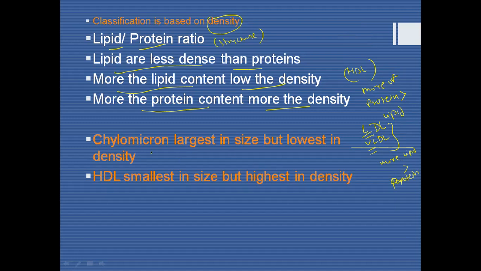Chylomicron is the largest lipoprotein in size, but its density is lowest. That means chylomicron will have a very high lipid content and a minimal amount of protein.